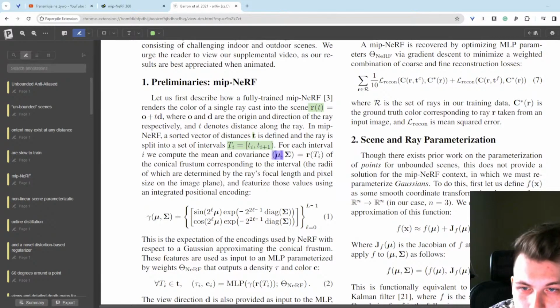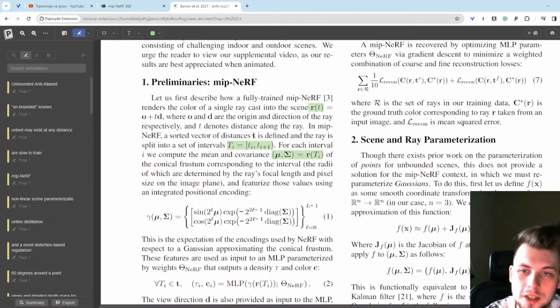So this is this Gaussian representation: mean and covariance of this particular interval, right? This is for the canonical frustum corresponding to the interval, the radii of which are determined by the ray's focal length and pixel size on the input image plane.